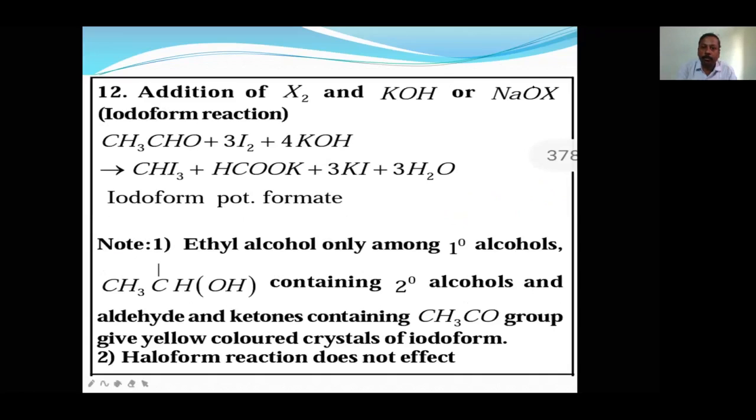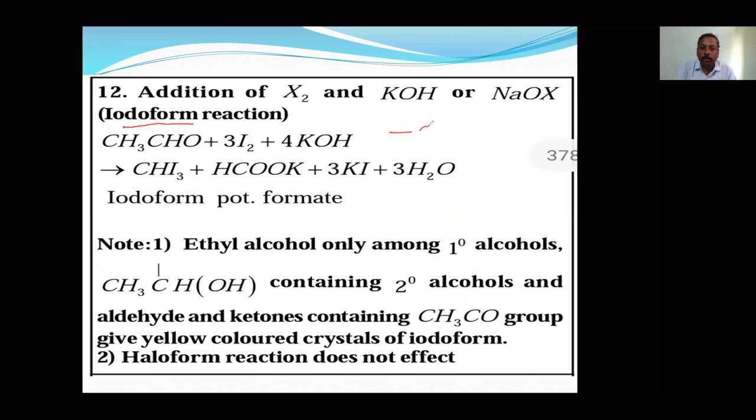Now let us see the next one. Addition of X2 and KOH. This is also called the haloform reaction. Which reaction? Haloform. If the halogen is iodine, it is iodoform.